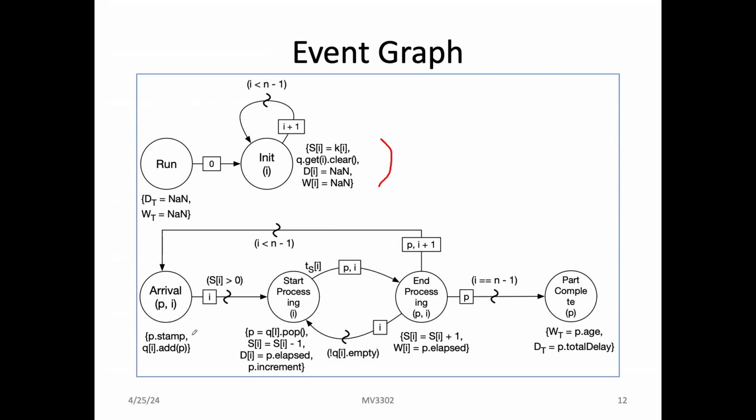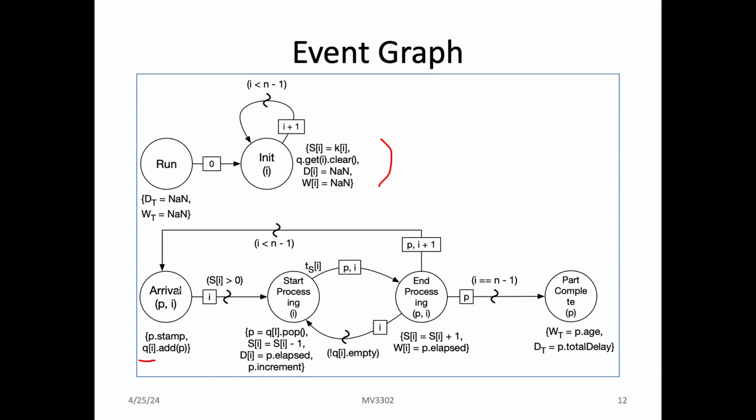For the part, we stamp the time as we always have, so that at each workstation we can calculate the delay in the queue and the time at that station. So we stamp it and then add that arriving part to the ith element of our queue array. We need both of those pieces of information.